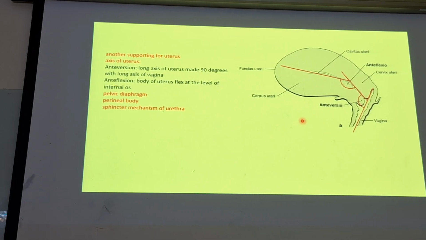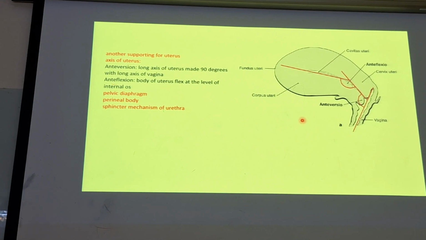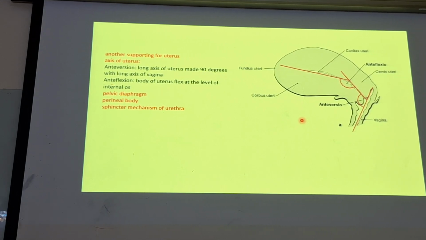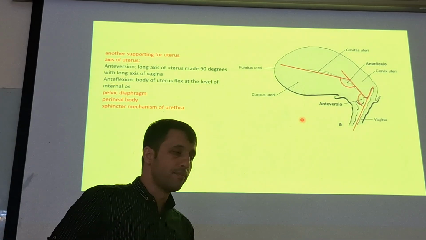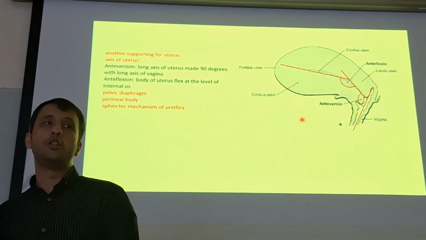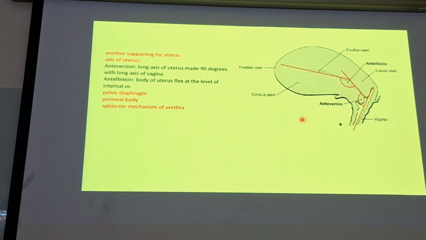Because the baby makes weight in the uterus. If we don't have other support, maybe the uterus falls down and causes prolapse of the uterus. What are the others? The most important support is the angle of the uterus.